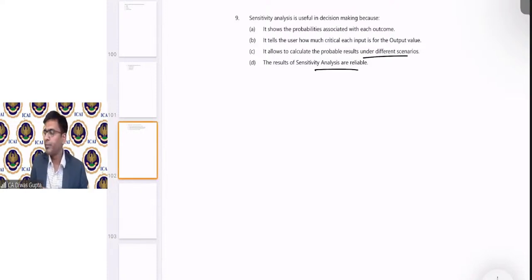So students, come on. What would be the right answer for the ninth question? This is also relatively easy. Whether it should be A, B, C, or D.